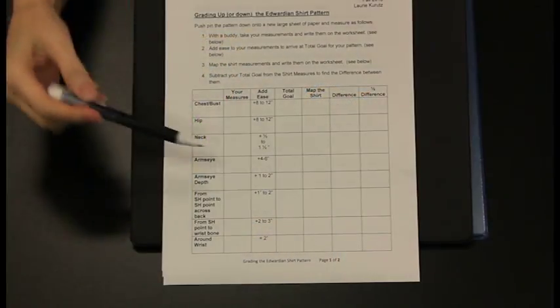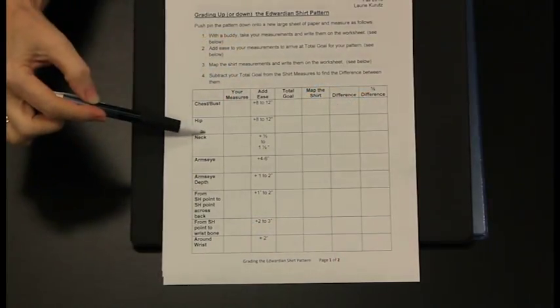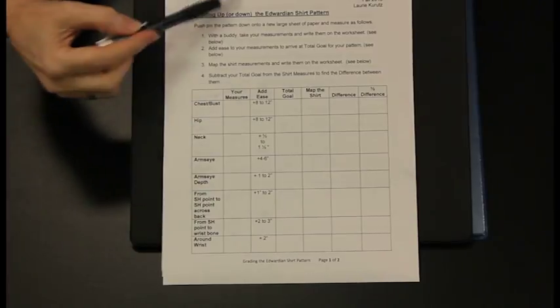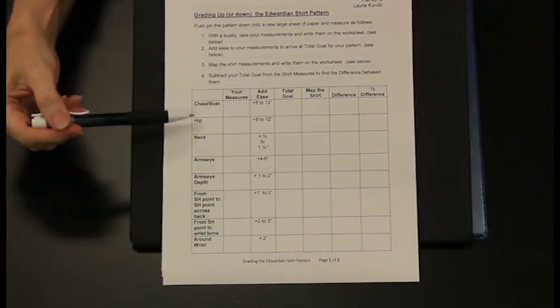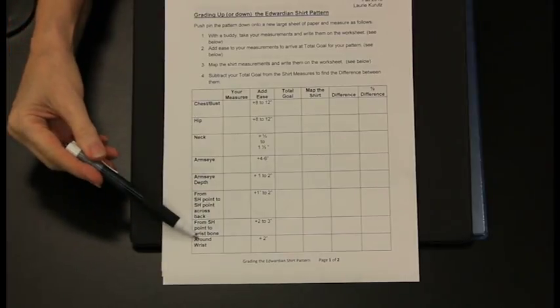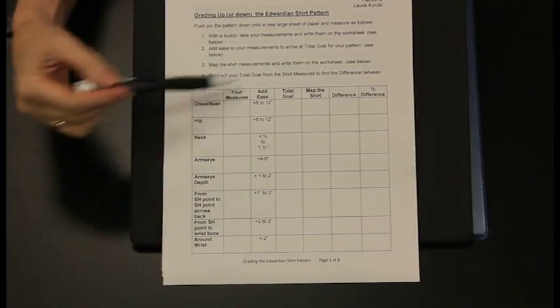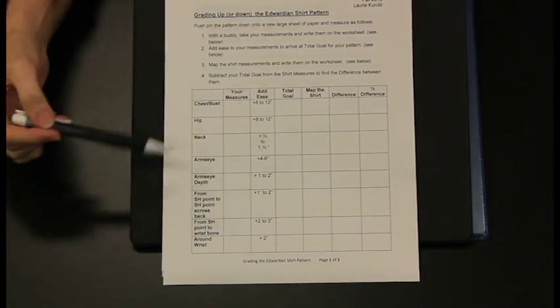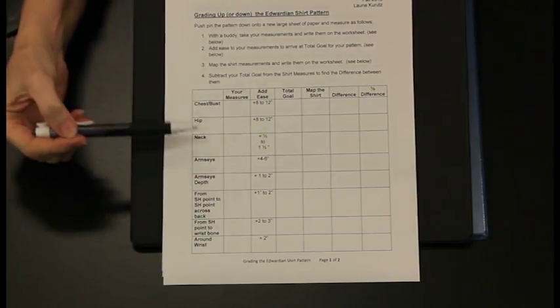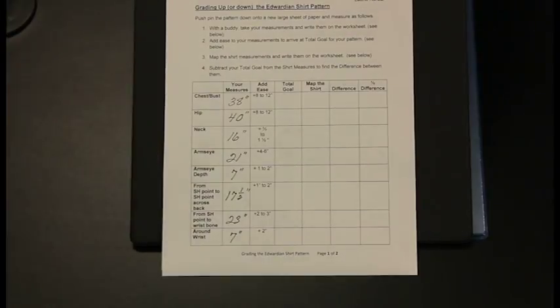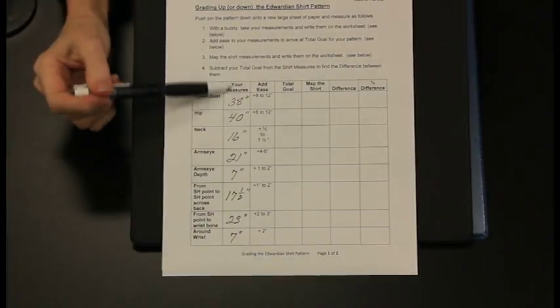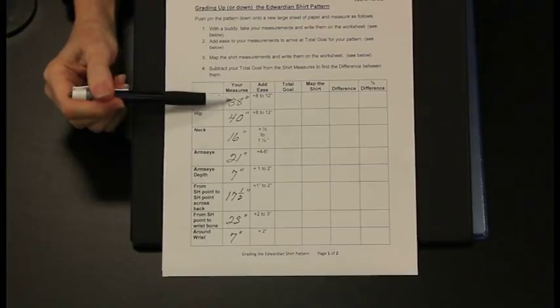This is a measurement computation chart that I'll use in class. This is the handout that I'll be giving you in class. It shows the main fit points that you'll take measurements for in computing how to grade up and grade down the shirt pattern. Once you've had your measurements taken, plug those in to the column labeled, oddly enough, your measurements.